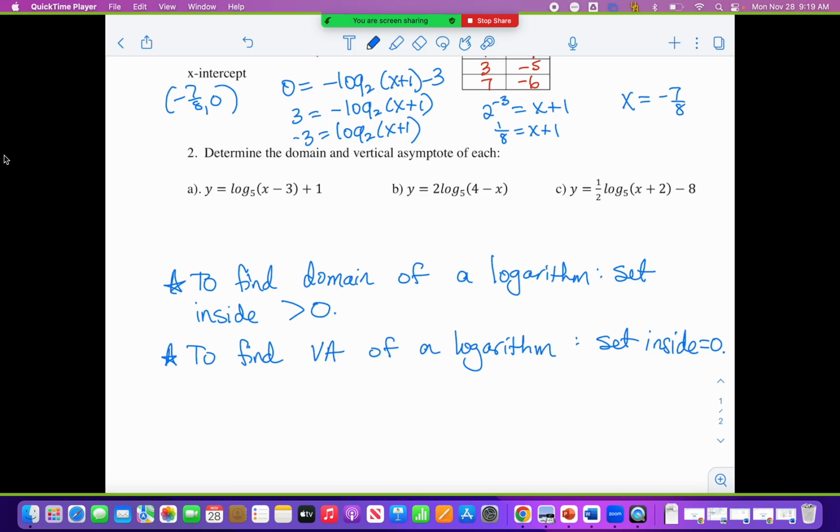So set x minus 3 and use the greater than symbol. Then you solve.